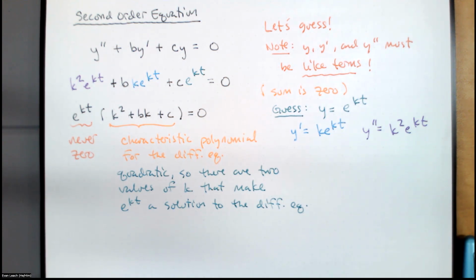We should note something. Since we ended up with this quadratic, that means we're going to have two values of k, but there are different cases. There are different things that could happen.